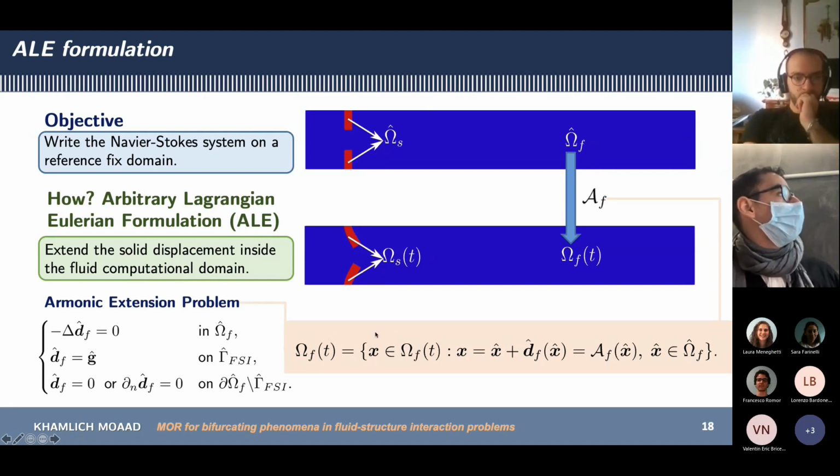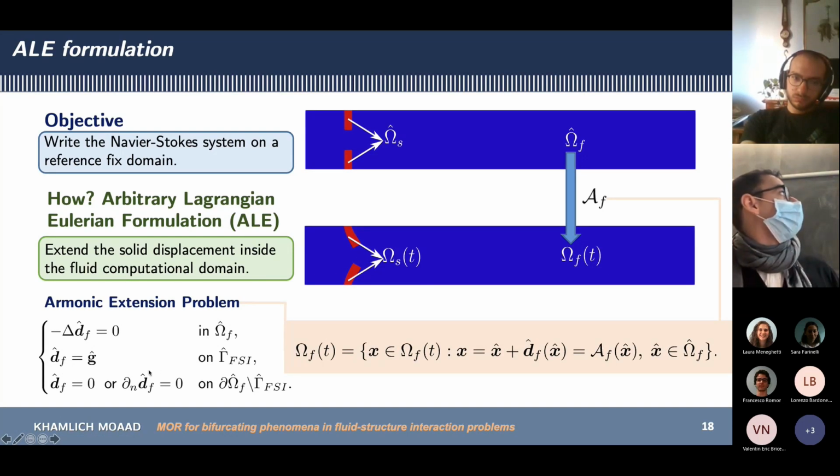So the best strategy to do that is basically stating that the deformation of the mesh needs to satisfy a Dirichlet boundary condition on the interface. And this is obvious because the mesh displacement of the solids needs to be equal to the mesh displacement of the fluid at the solid fluid interface.